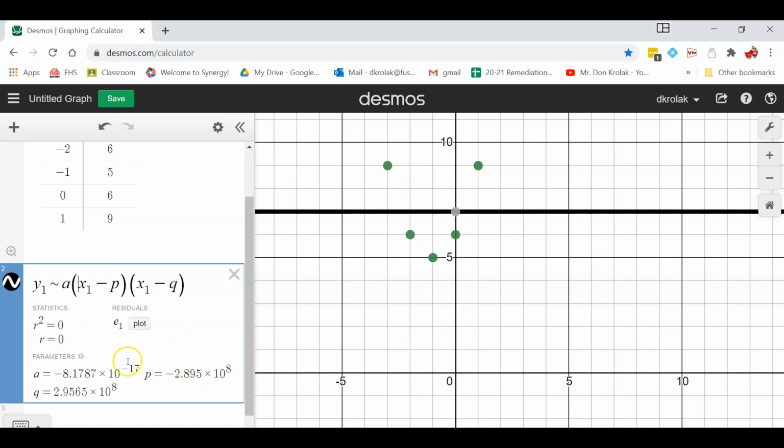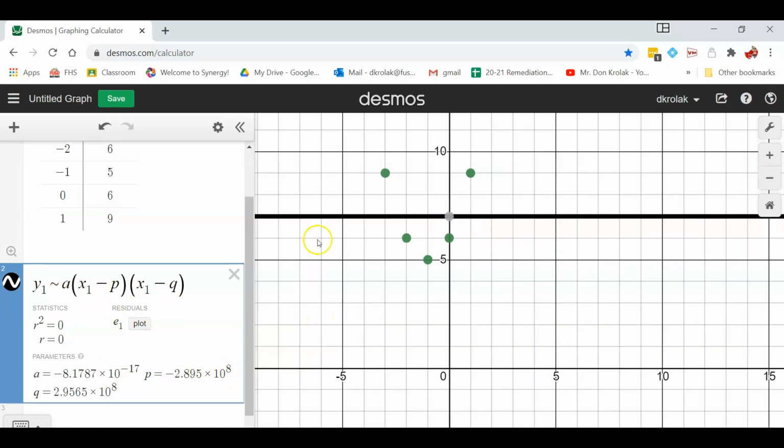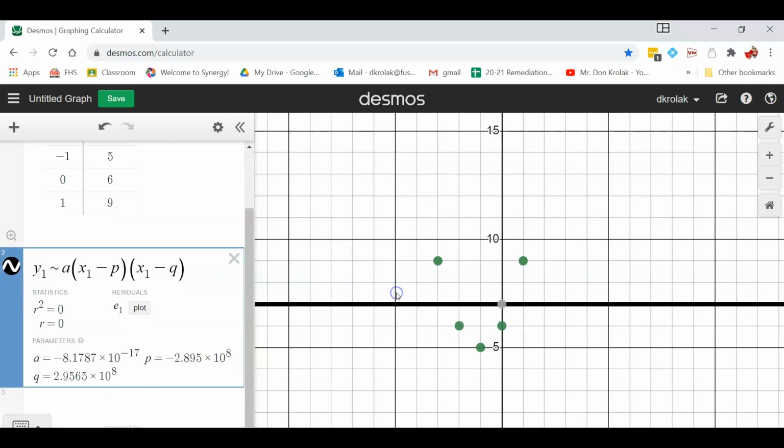And you get something and it's like, what? My p-value is 2.08 times 10 to the 8th. That's because this graph doesn't have any x-intercepts, so you would not be able to write it in that form. That would not make any sense.